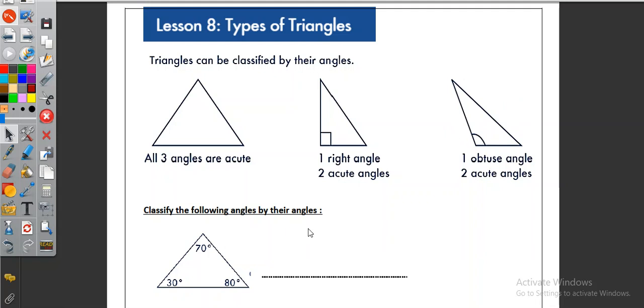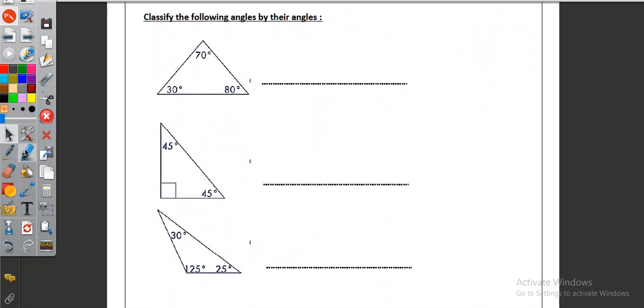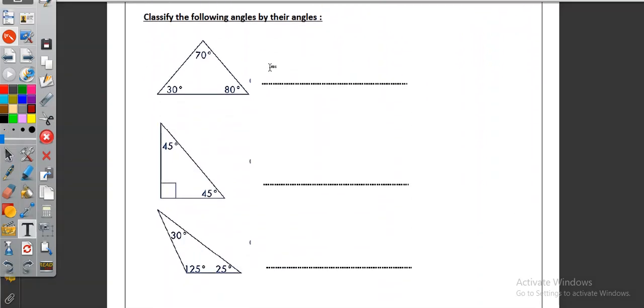Now classify the following triangles by their angles. Okay, what do we call this triangle here? All of them are acute angles. Look, less than 90, less than 90, less than 90. So we call it an acute triangle. What about this one?